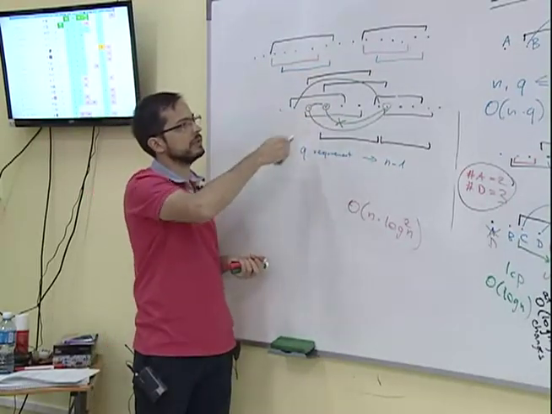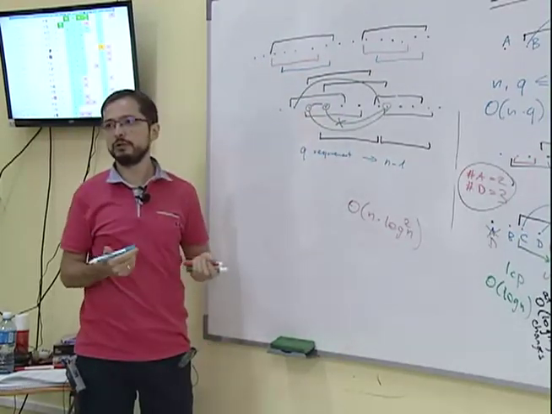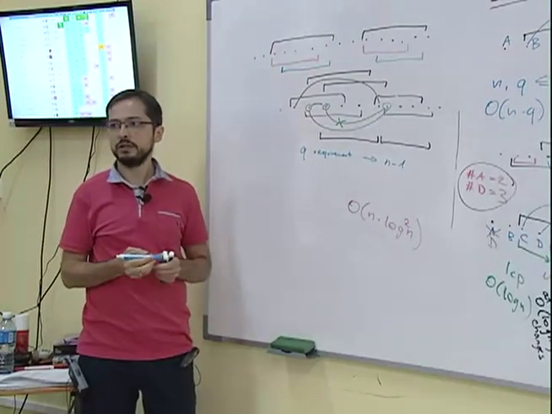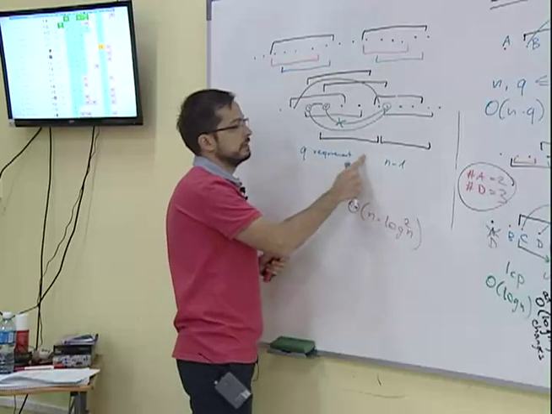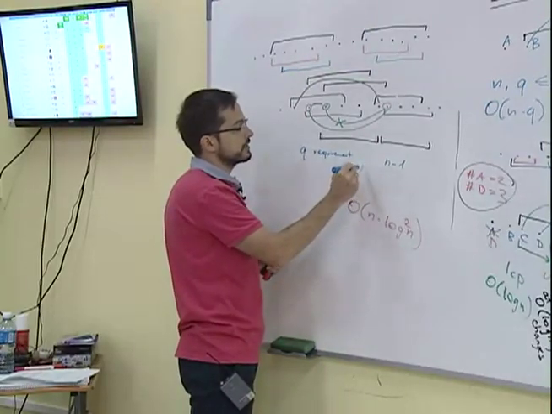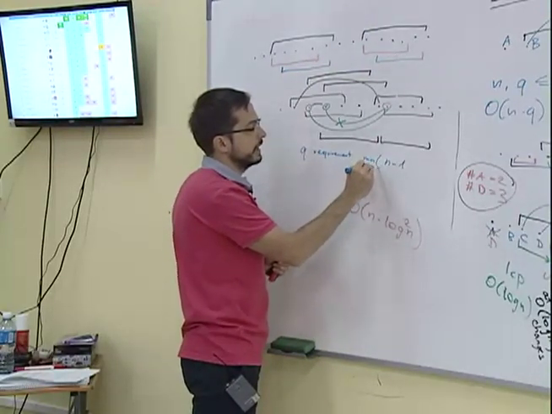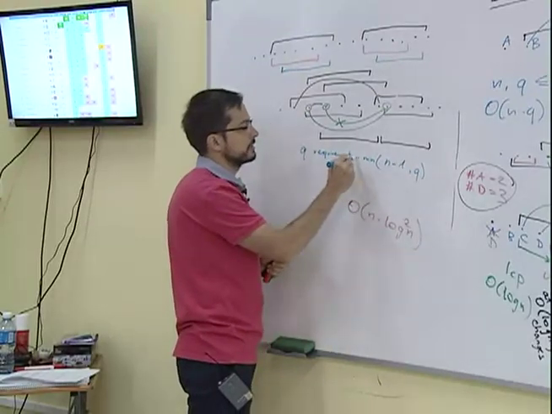This not necessarily is connected, so actually it will be a spanning forest of this graph, but it will have at most n-1 edges, so actually the minimum of n-1 and q edges.